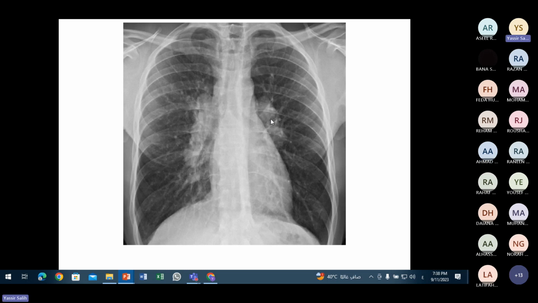Lymphadenopathy in which part, in the very aortic or which region? In the higher part, bilateral lymphadenopathy. The right peritracheal is not clearly seen, but there is obvious bilateral higher lymphadenopathy. What are the differential diagnoses?